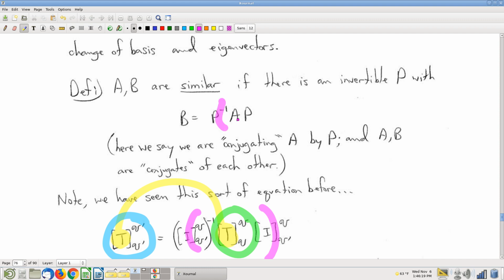It has that same structure. The matrix on the left here is exactly the inverse of the matrix on the right. Roughly speaking, you have to switch from V prime to V language, and then from V back to V prime language. So inverses.